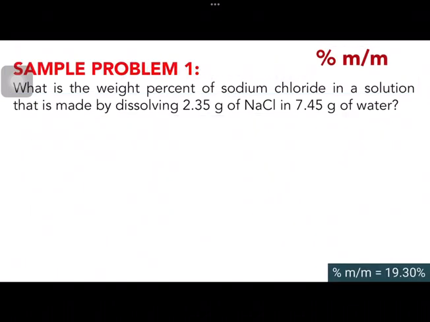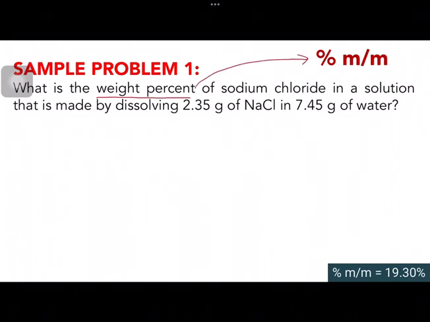For example, this one. What is the weight percent of sodium chloride in a solution that is made by dissolving 2.35 grams of sodium chloride in 7.45 grams of water? Okay, so kailangan nating mag-strategize. So tingnan muna natin ano yung mga info na makukuha natin sa problem. So first here ay weight percent. What is the weight percent?